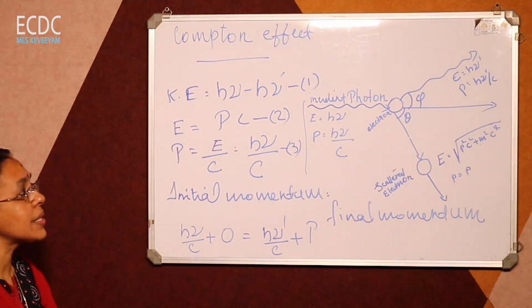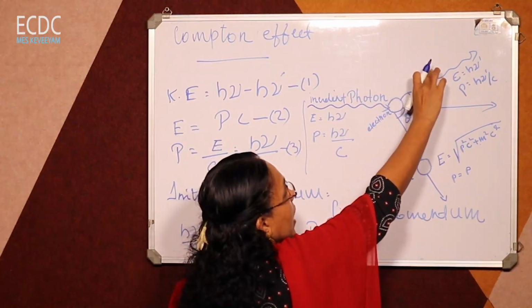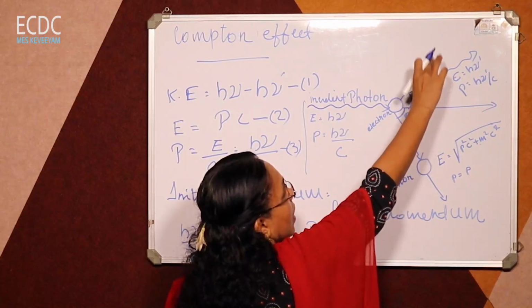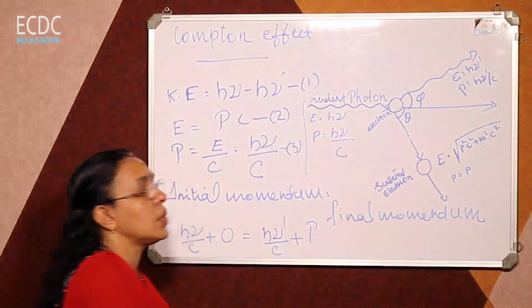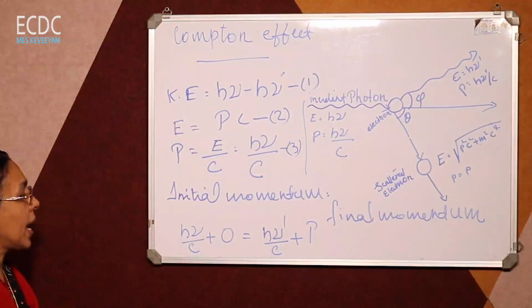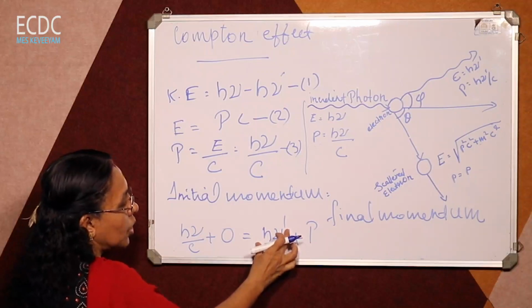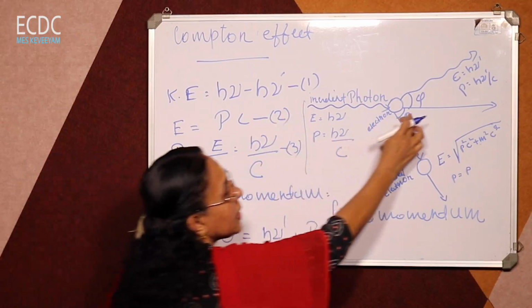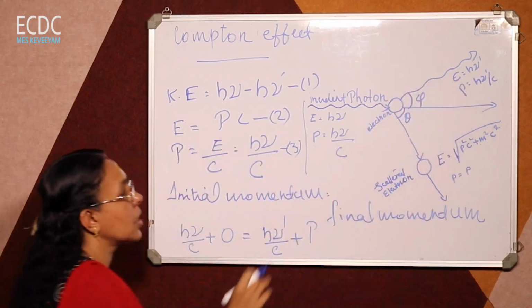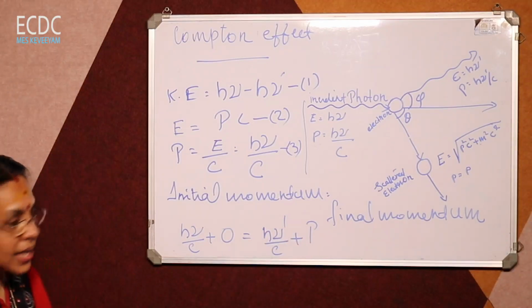So by resolution of vectors we have to take the components of the scattered photon and that of the scattered electron along the x-axis and the y-axis. So this is the general equation; again we have to take the component of each because they are making an angle theta with the incident direction or the initial direction.